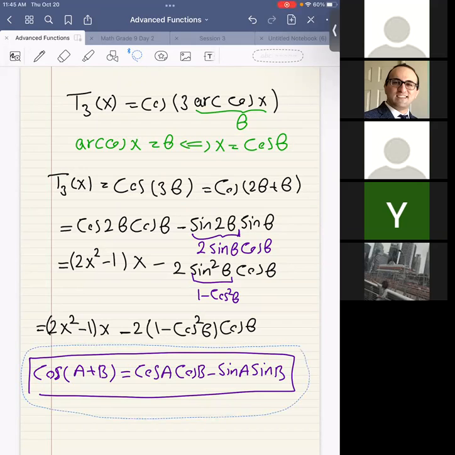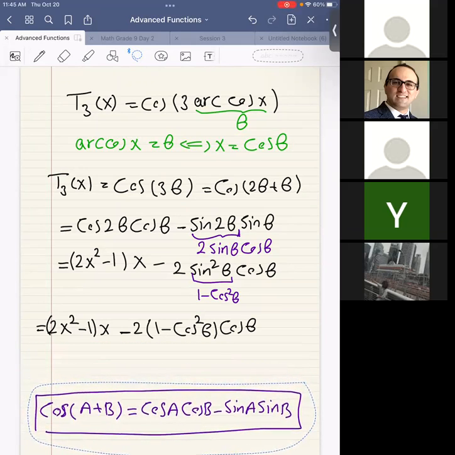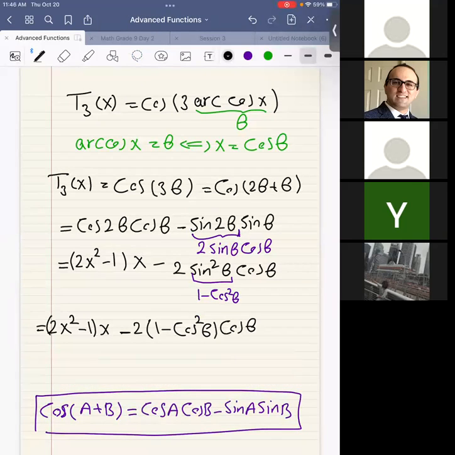And finally, eventually, again, we know that cosine theta is nothing but x. Therefore, this would be equal to 2x squared minus 1 times x minus 2 times 1 minus x squared times x.